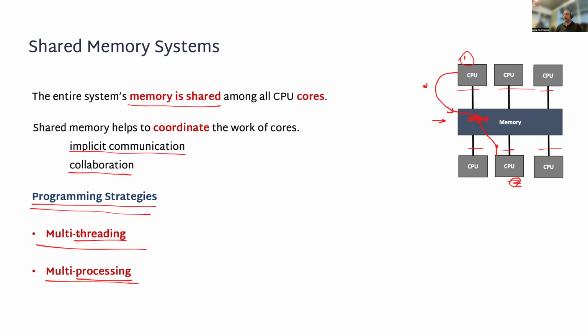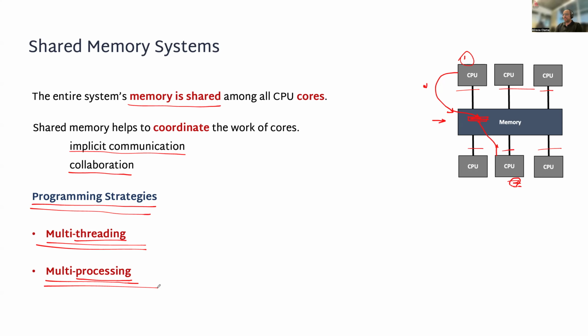But in multiprocessing, instead of creating different threads, you are creating different processes, and those processes may have only one thread inside them. So this is the basic definition of multi-threading and multiprocessing, but there are some differences.